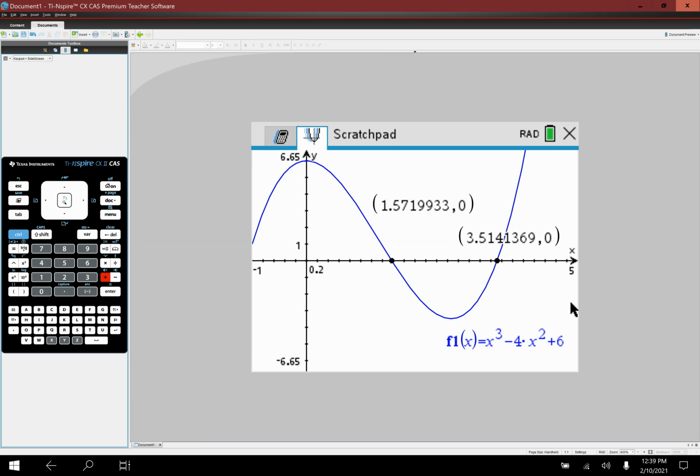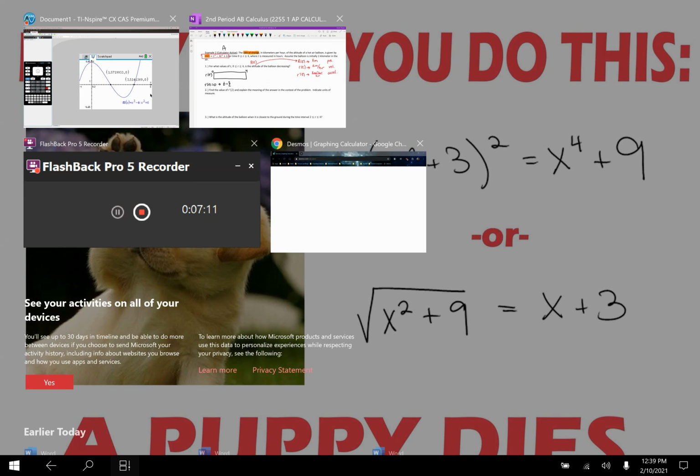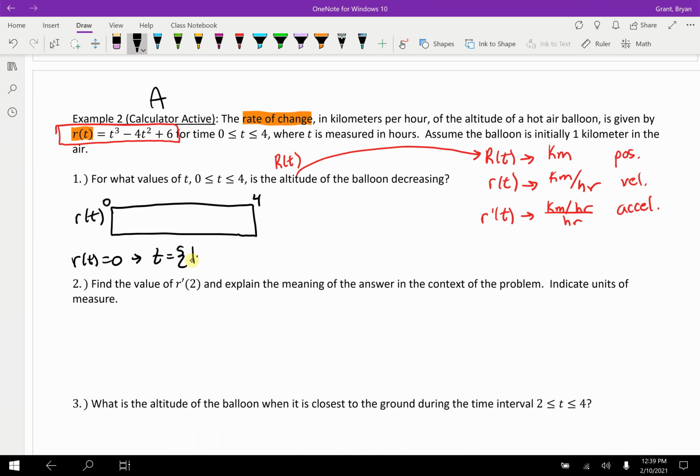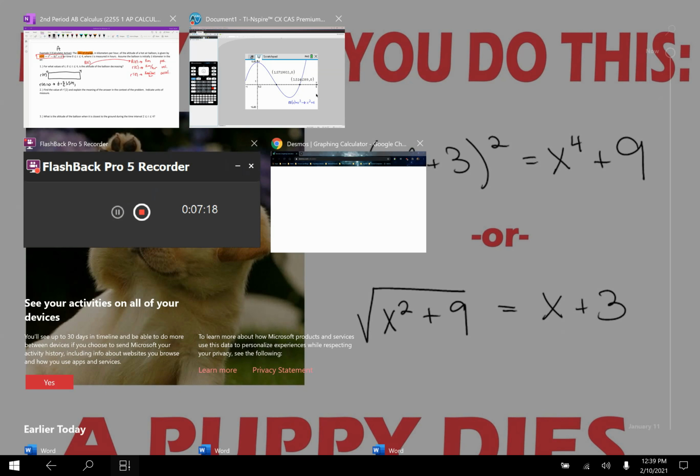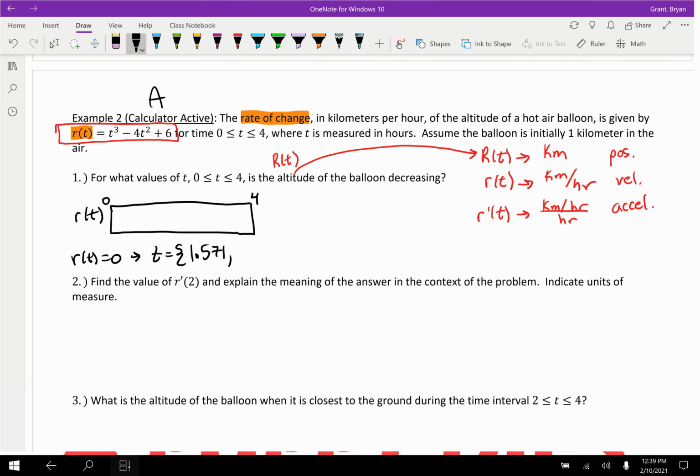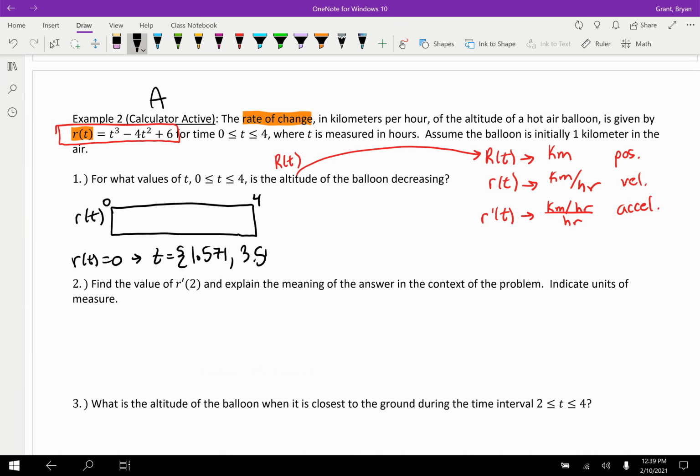And we have our zeros. 1.571. And the other one is 3.514. All right, so looking up here, we have 1.571 and 3.514, and those are where the graph of r of t is 0, or where the equation is equal to 0.